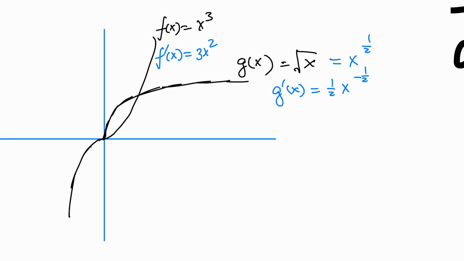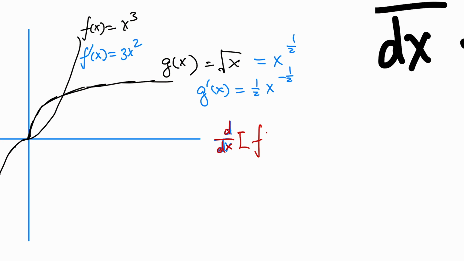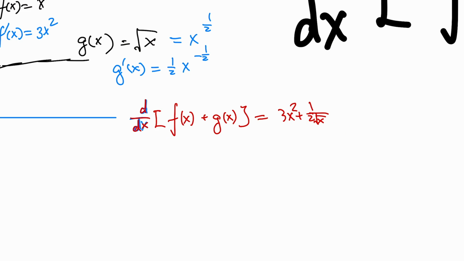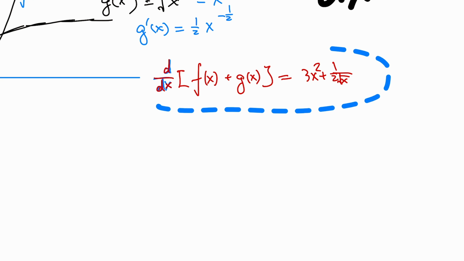And we basically just want to prove that the derivative of f of x plus g of x is equal to this thing, so 3x squared plus 1/2 x to the negative 1/2. And obviously you can write this as this if you want. Obviously that doesn't matter.